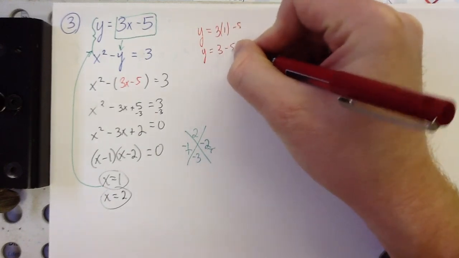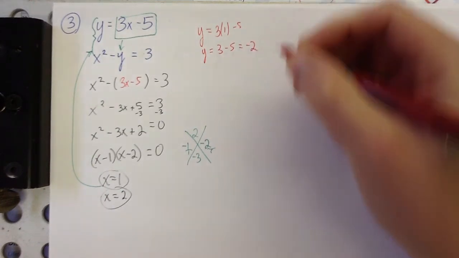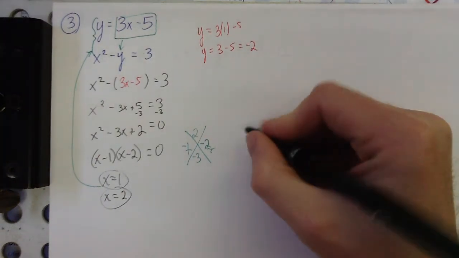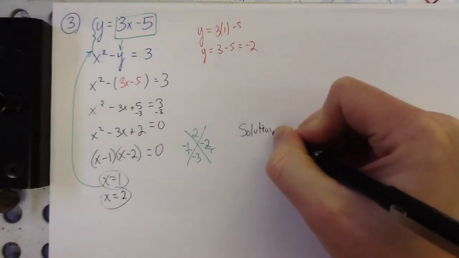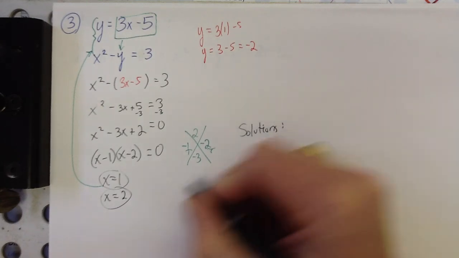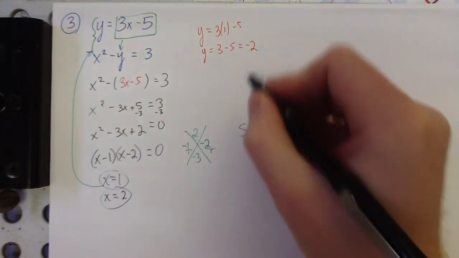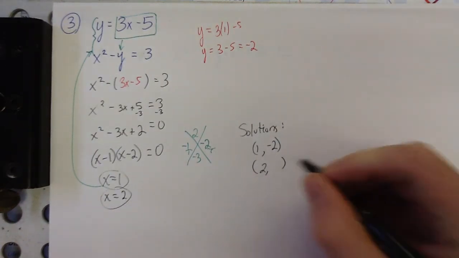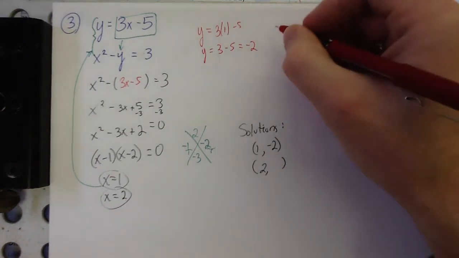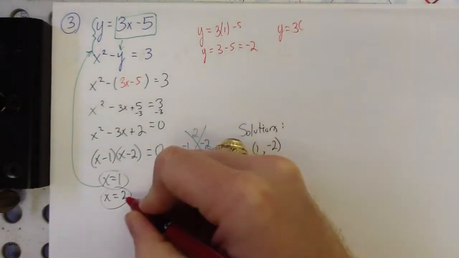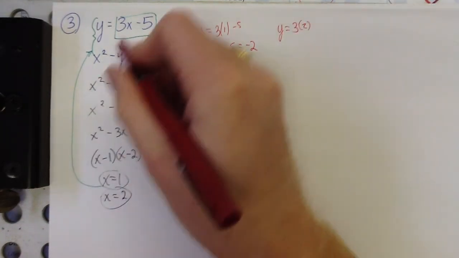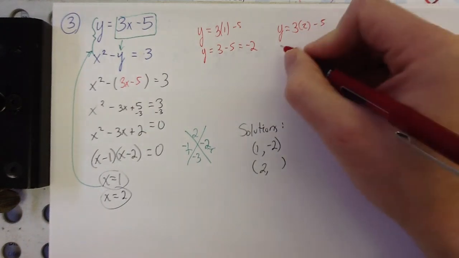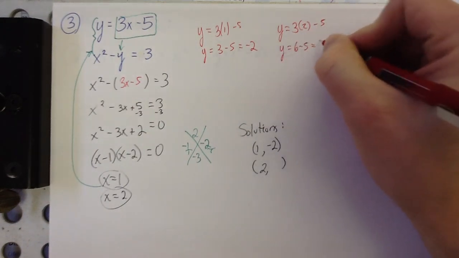Okay, so I'm not going to spend a lot of time on this. That should be straightforward. That means one of our solutions, if x was 1, y was -2. And the other solution, if x is 2, well, let's see what happens. If we have y equals 3 times 2, substituting into this x, then y equals 6 minus 5, or 1.